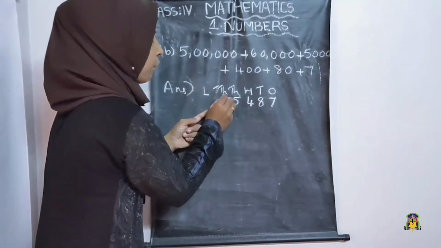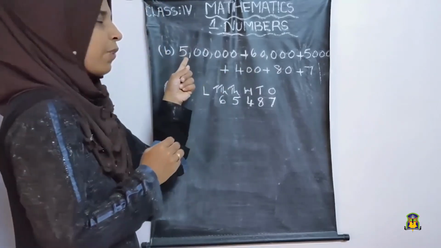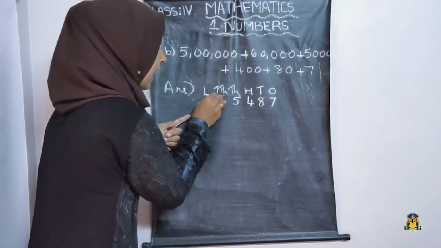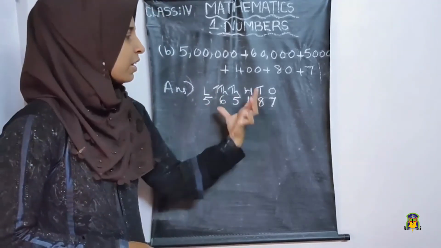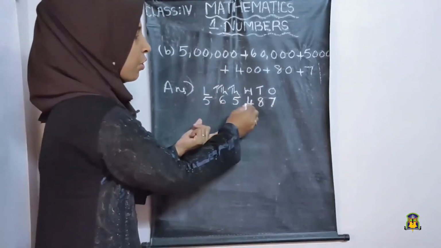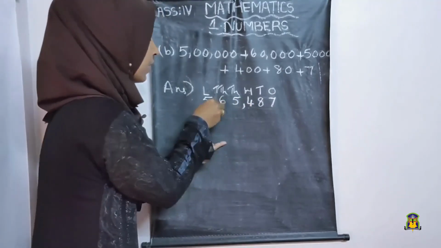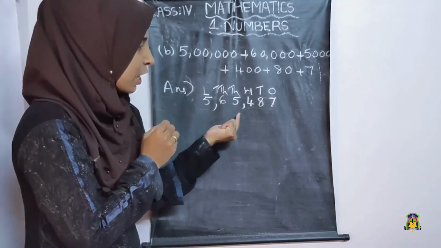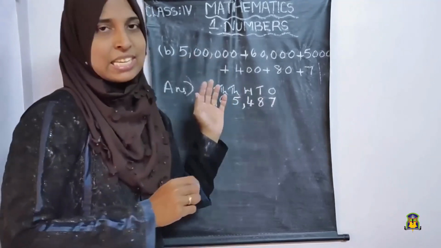Then 5 lakh, so we have 5 in the lakh place. So this is the number. We put commas after the ones period and after the thousands period: 5,65,487.